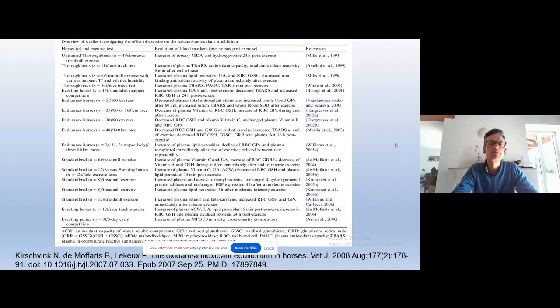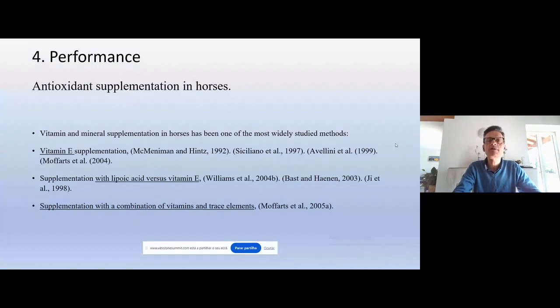This is a study dedicated to oxidative and antioxidative equilibrium in horses. There are loads of studies, loads of time, loads of money invested to investigate these themes. And this is a summary of studies of vitamins and antioxidants that were done.